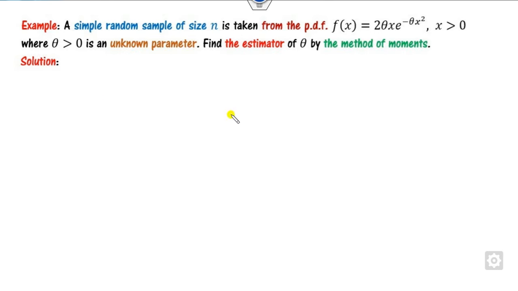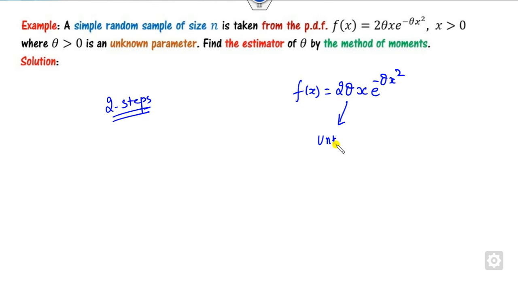Now I will tell you the two-step approach, how you can solve any of the problems in this simple method. Look at the function. First, your target is to think about this function. How many unknown parameters are there? Look at that, how many unknown parameters in this case. Since x is not an unknown parameter, the only unknown parameter is my theta, that is only 1. So once it is only 1, then you need only E of x.